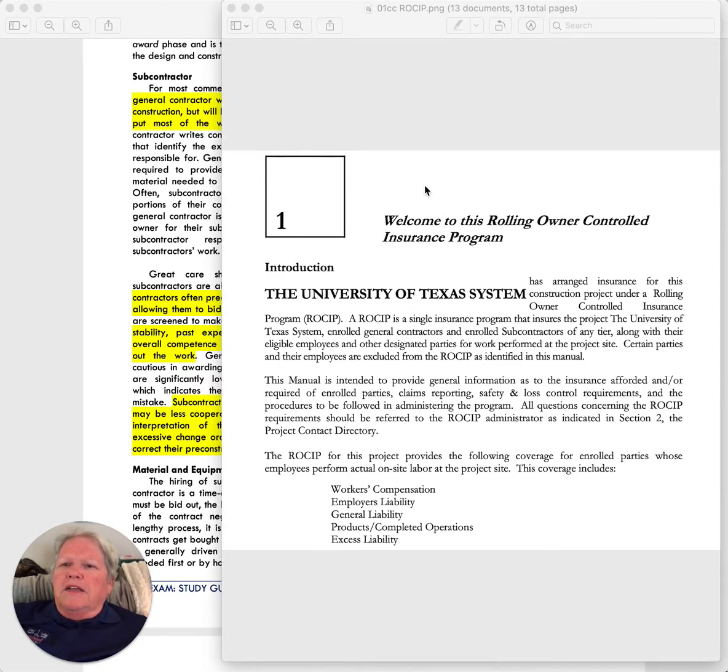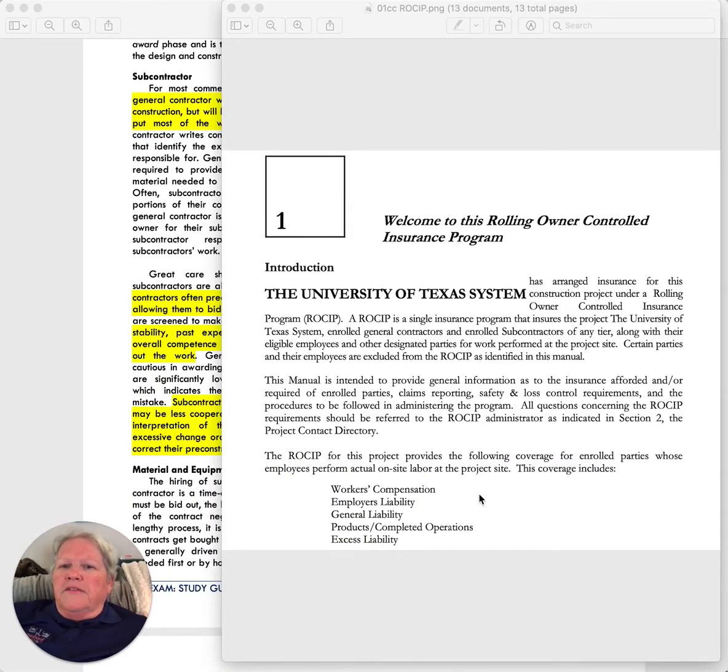And in one of the aspects of the study manual, we talk about the different forms of insurance. And we mentioned ROCIP, which the acronym stands for Rolling Owner Controlled Insurance Program. Generally, this is enacted by big systems. In this particular case, it's the University of Texas.